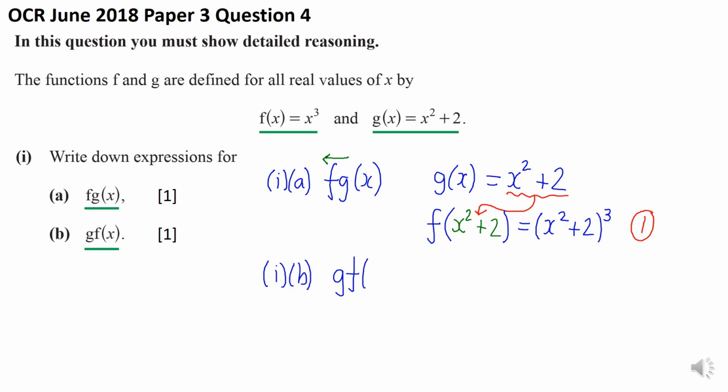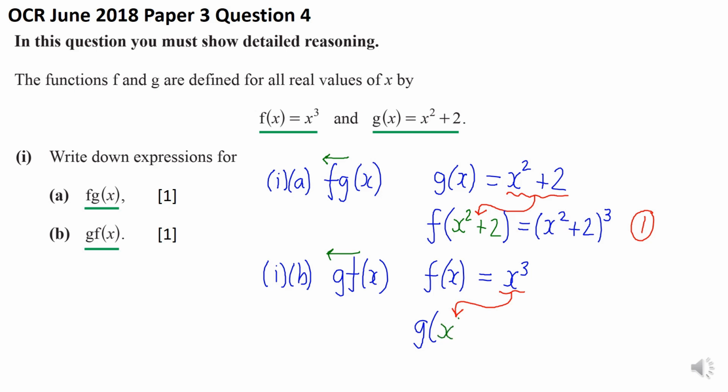Part B is asking us to work out g of f of x. And we go from right to left. So f comes first. f of x equals x cubed. And then we feed the output into g. The output is x cubed, and that goes into g.